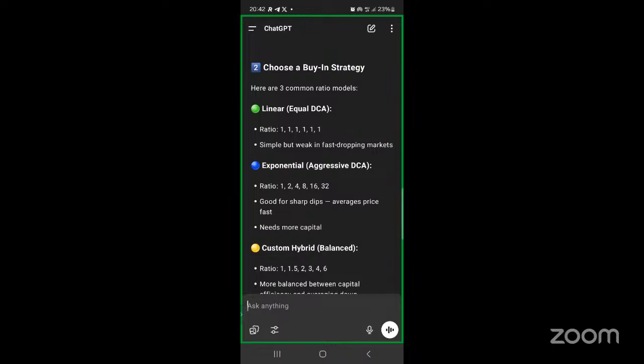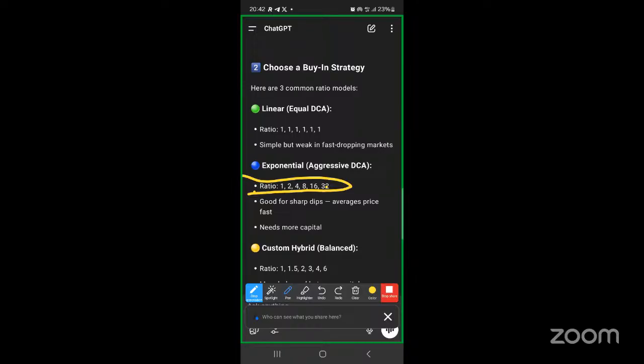And then we have the exponential, which is aggressive DCA, good for sharp dips, averages price fast, needs more capital. Are you seeing that? Can you see that? This one is the default for LoyalToO. LoyalToO chooses the exponential for us.